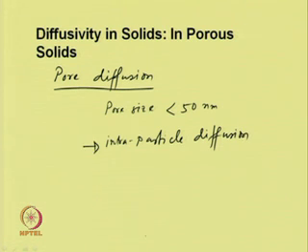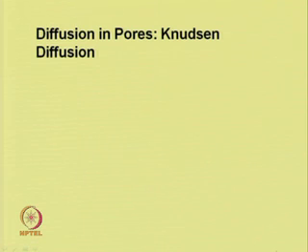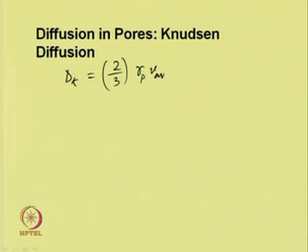So, a simple equation can be derived for the Knudsen diffusivity, as proposed based on the kinetic theory of gases: D K is equal to 2 by 3 R P into V average.